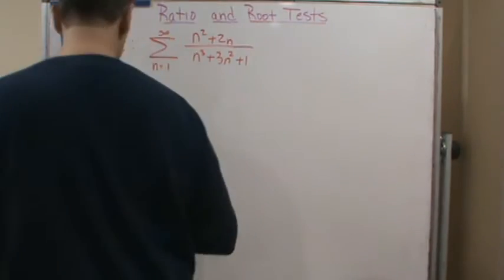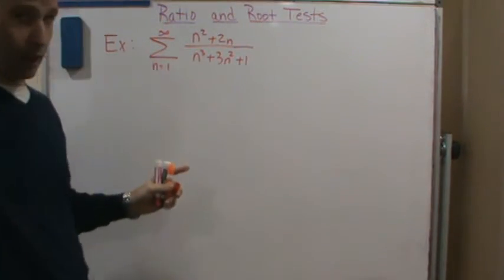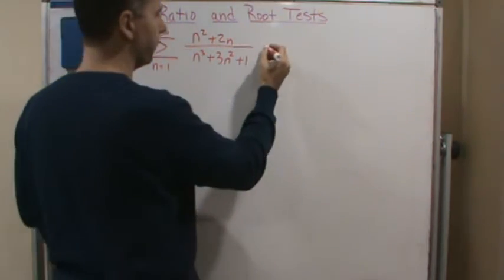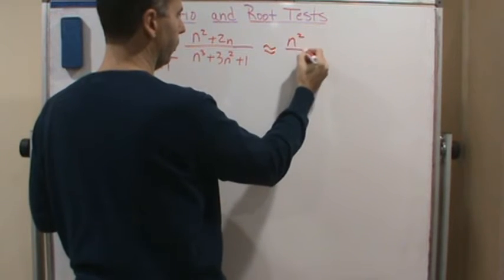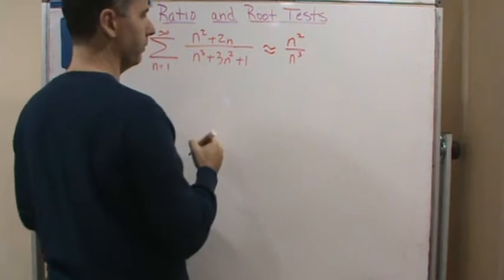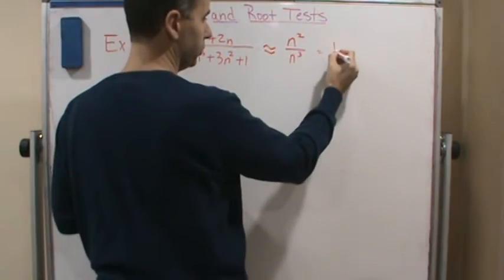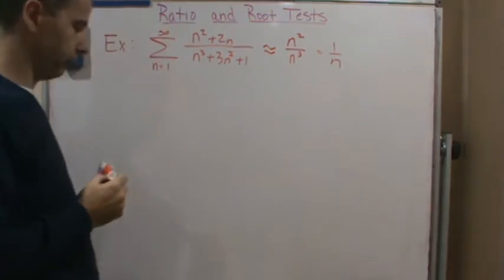So in this case here, if you look at this, as n gets really large, this is going to be approximately equal to n squared over n cubed, which is equal to 1 over n. Okay.